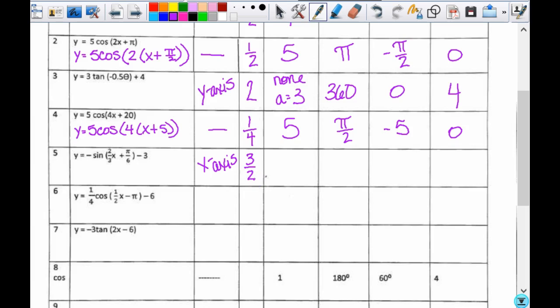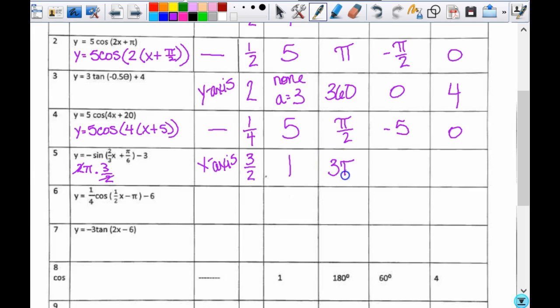And what is the amplitude? 1. And then my normal period for sine is 2 pi. I'm going to do what with it? Divide it by 2/3. So what does that give you? How do you divide by a fraction? So it's 2 pi. I have to divide by 2/3. That's the same as multiplying by 3/2, right? So it's 3 pi. Yes.